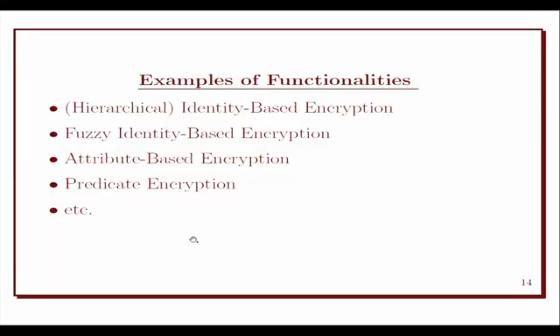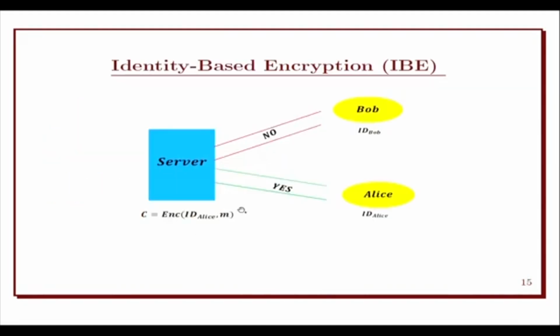We have some examples of this functionality: ID based encryption, fuzzy ID based encryption, attribute encryption, predicate encryption. This is ID based encryption. If we have used the ID of Alice as a functionality, then only Alice should be able to decrypt it, not Bob. Okay.